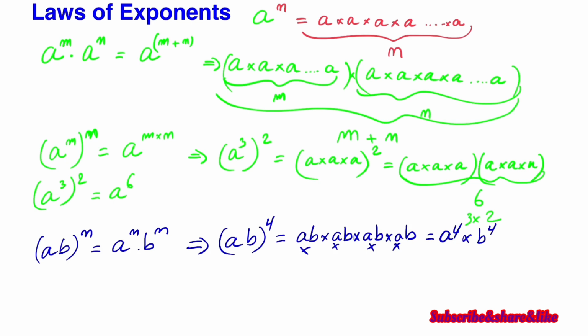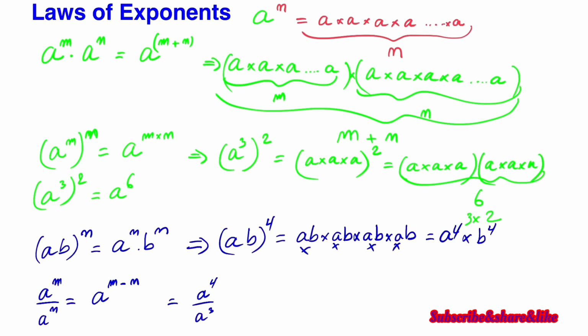See another identity. If we have a to the power m over a to the power n, it is just a to the power m minus n. So how that works: let's say we have a to the 4th over a to the 3rd.